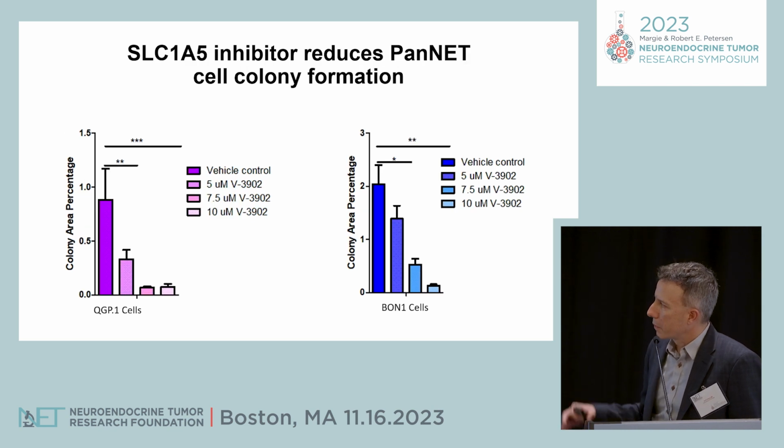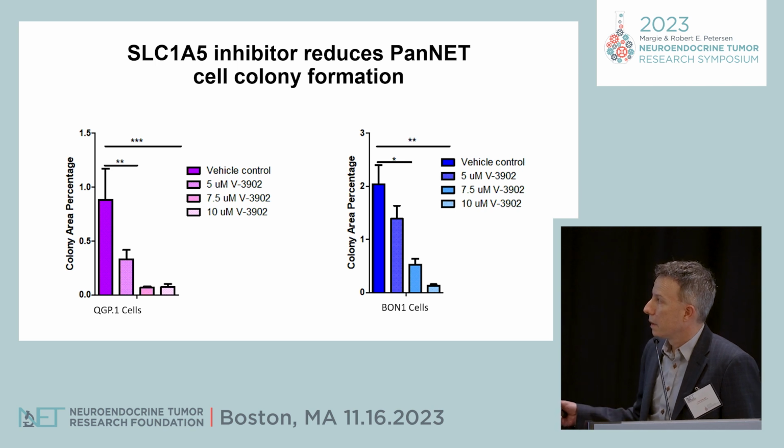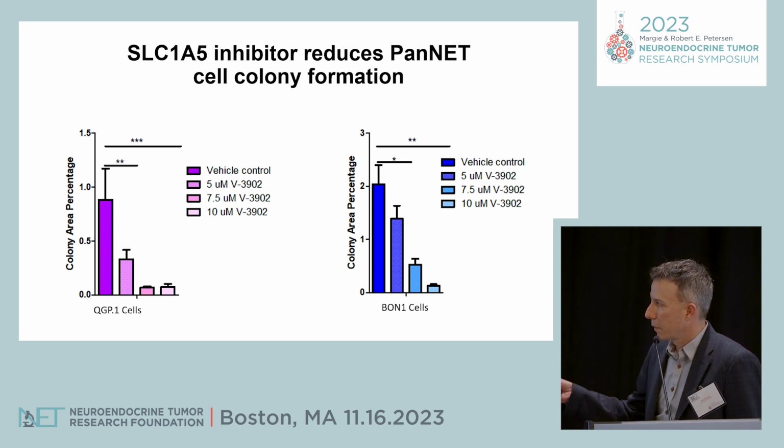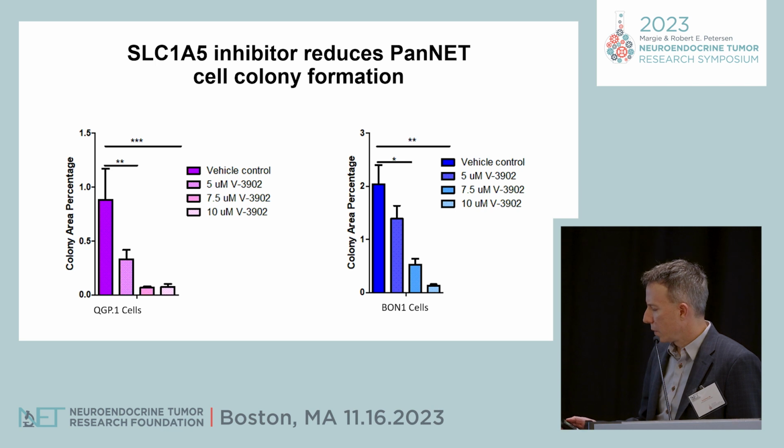And there's a reasonable inhibitor of SLC1A5 called V9302, and they show the IC50 of this, in most cell types for inhibiting the transporter, is about 10 micromolar, which is in the range that we're using it here. And the human PanNET cell lines show dose-dependent decrease in colony forming in the presence of the pharmacological inhibitor of this transporter.